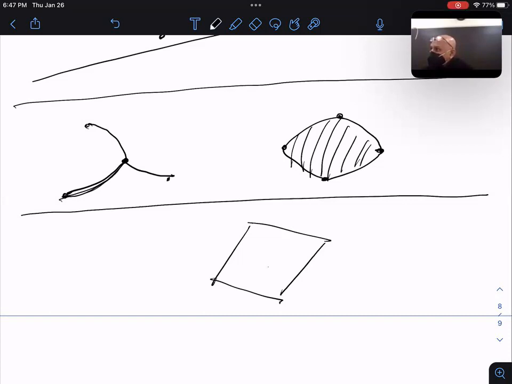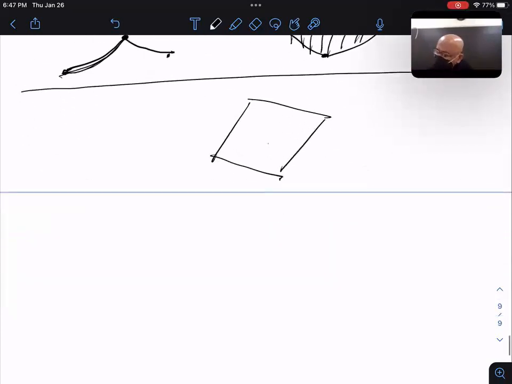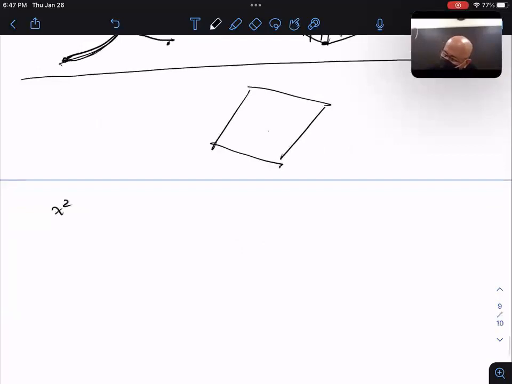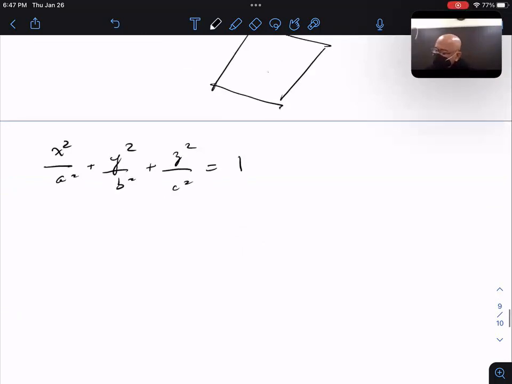The ellipsoid has the equation x squared over a squared plus y squared over b squared plus z squared over c squared is equal to 1. And an arbitrary plane in 3 dimensions is going to have an equation of the form px plus qy plus rz is equal to s.